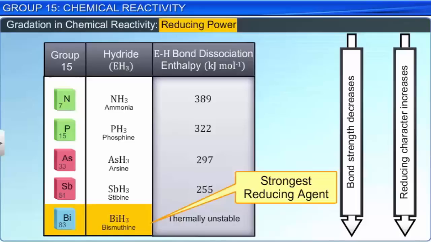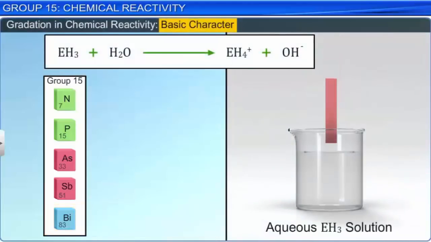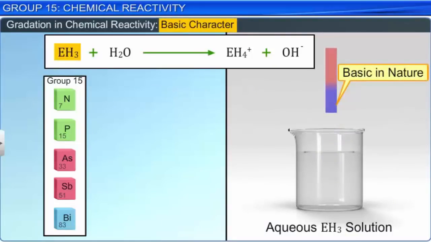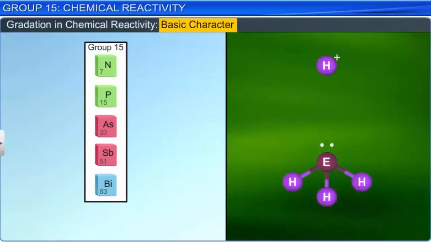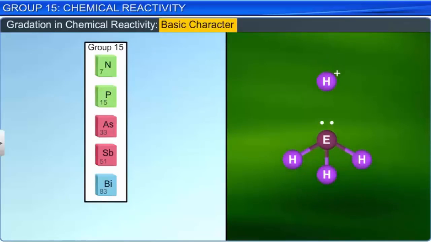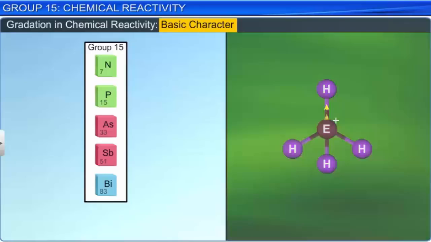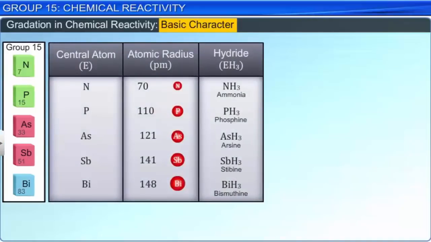These hydrides are basic in nature. They act as Lewis bases due to the availability of a lone pair of electrons on the central atom. However, their basic character decreases down the group with an increase in the size of the central atom.